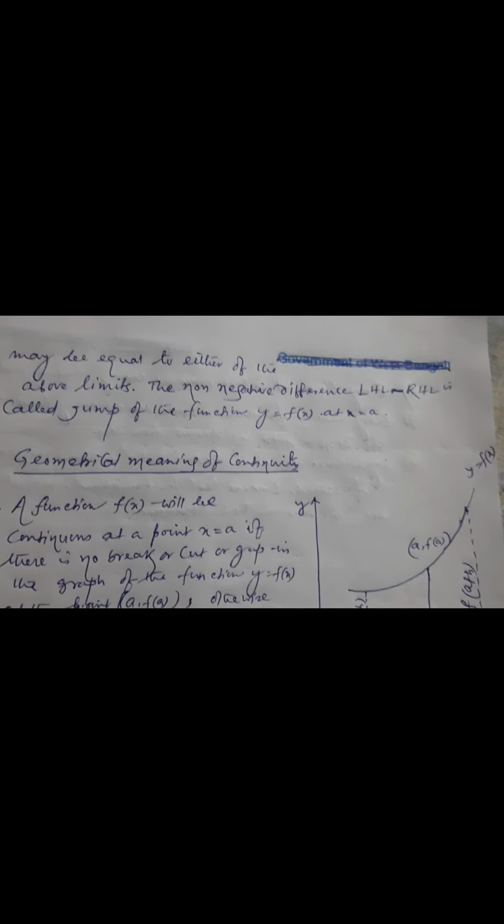That is, the limit does not exist, and f of a may be equal to either of the above limits. Then the non-negative difference LHL minus RHL is called the jump of the function y equals f(x) at x equals a.